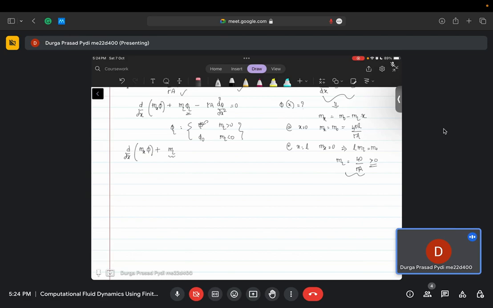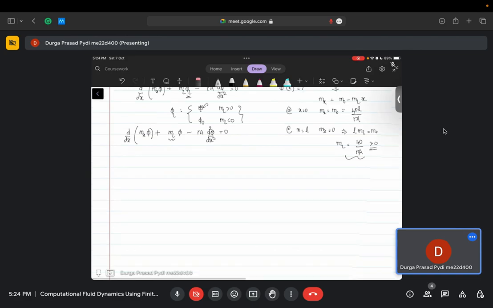I'm just writing ml here, otherwise it will be 4q by gamma a, but you can write it. So phi l will be phi minus... okay, now we have this as our governing equation.